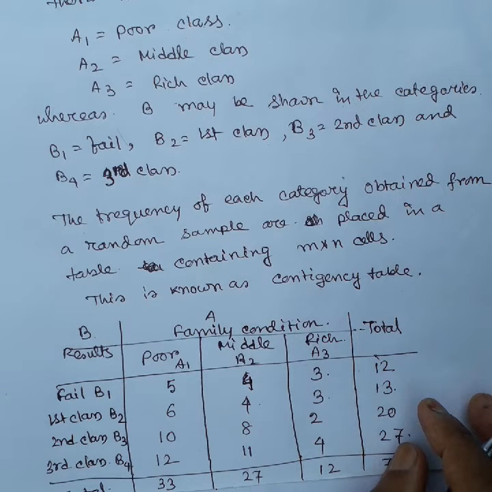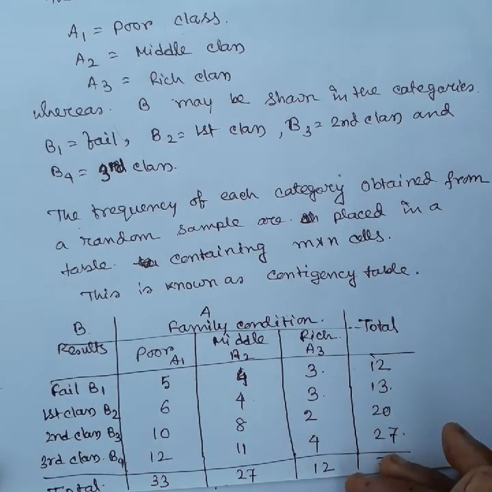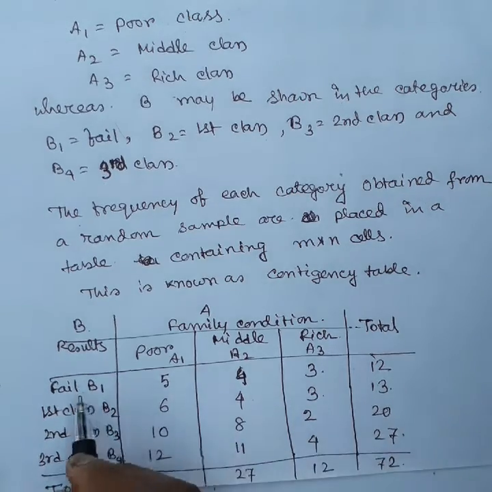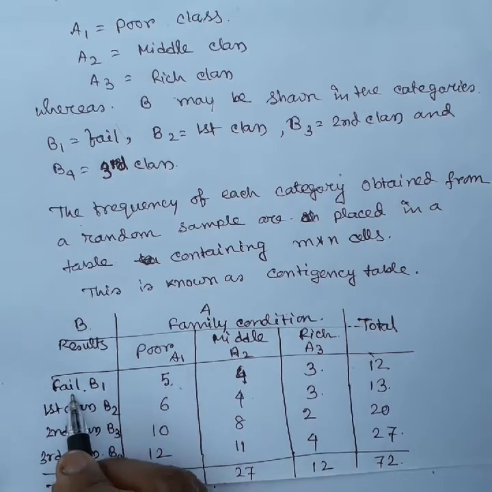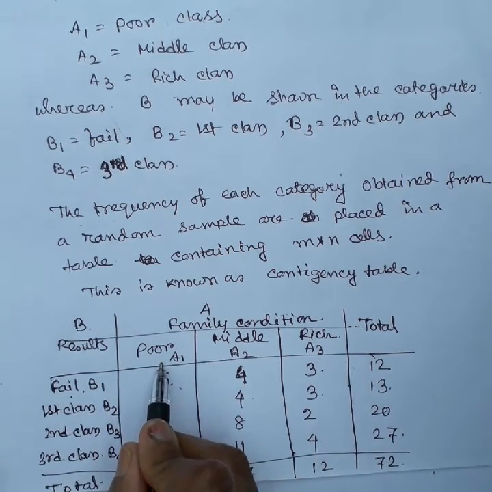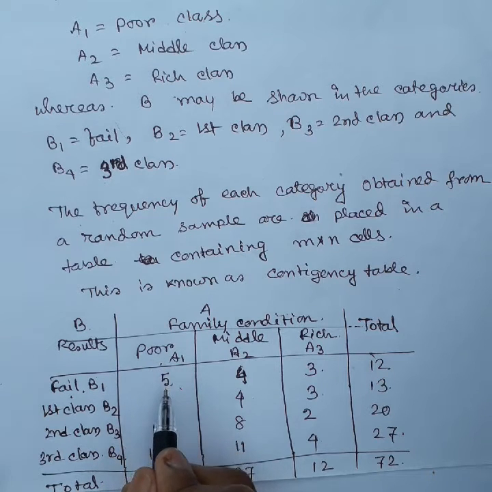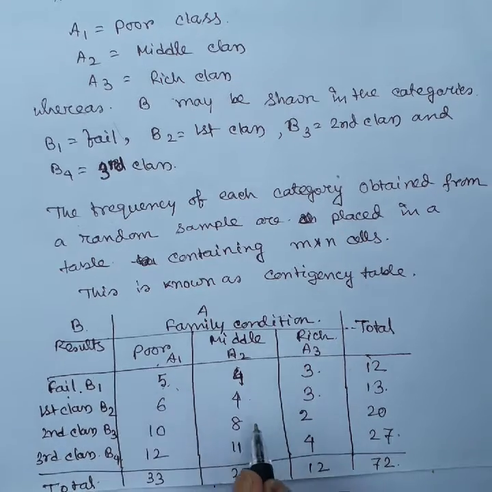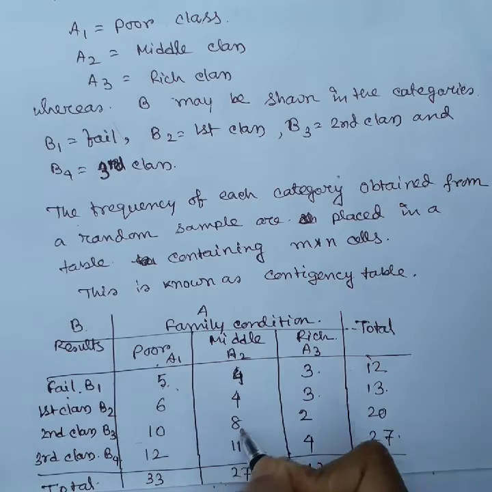So the contingency table of A and B is shown in this figure. Under the category of A1 B1, the frequency is 5. That means the number of fails in the poor class is equal to 5. Similarly, in the category of A2 B3 it is equal to 8.